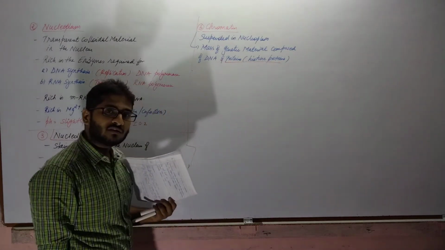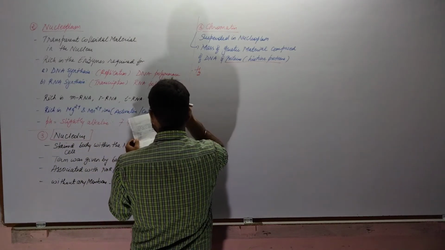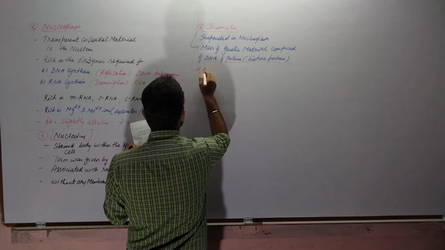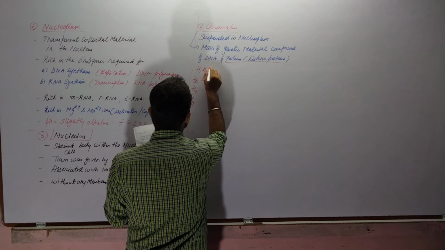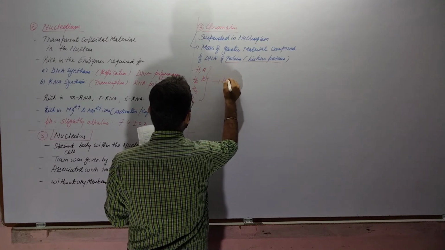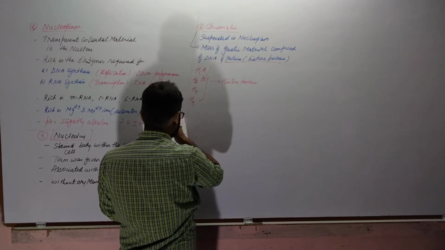Normally histone proteins are of 4 different types, that is H2A, H2B, H3 and H4. So these are histone proteins.